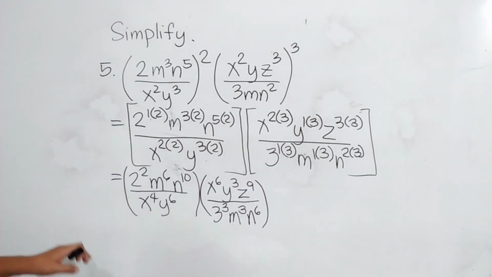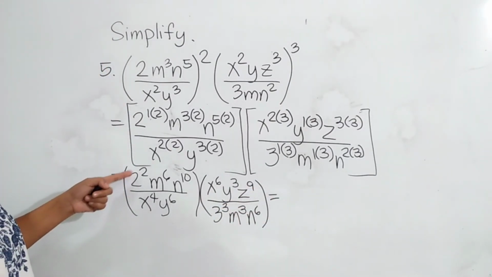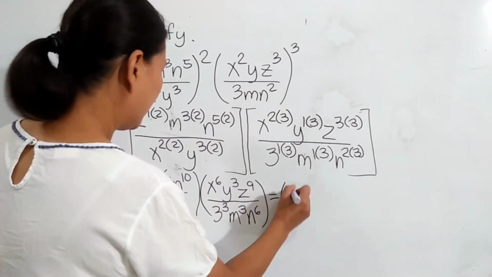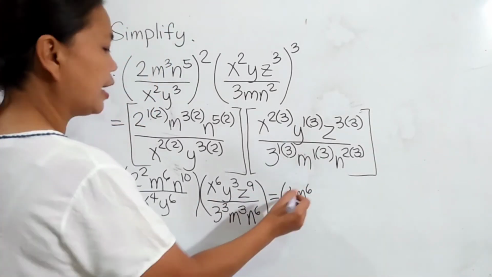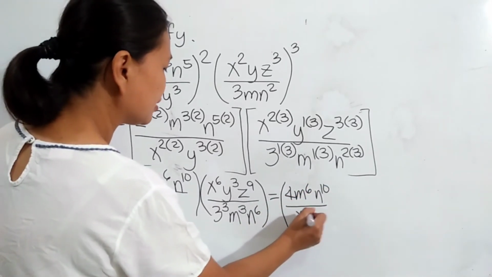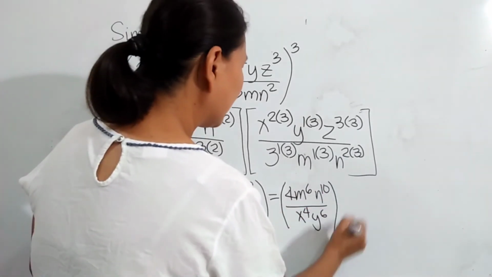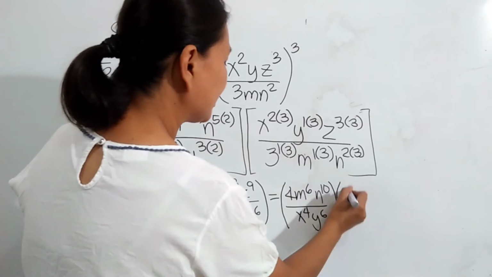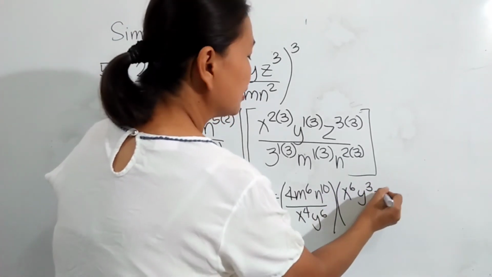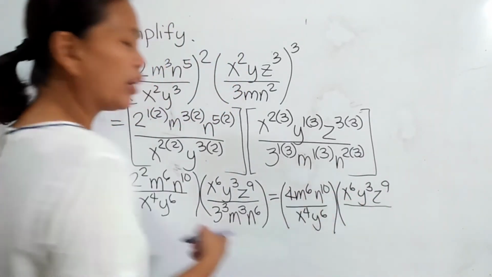Okay? And then let us simplify this. So we have here what is 2 raised to 2. So we have 4. M raised to 6, n raised to 10, over x raised to 4, y raised to 6, times, we have here x raised to 6, y raised to 3, z raised to 9, over, what is 3 cubed?